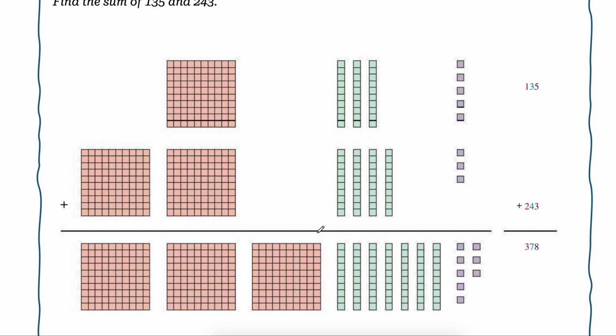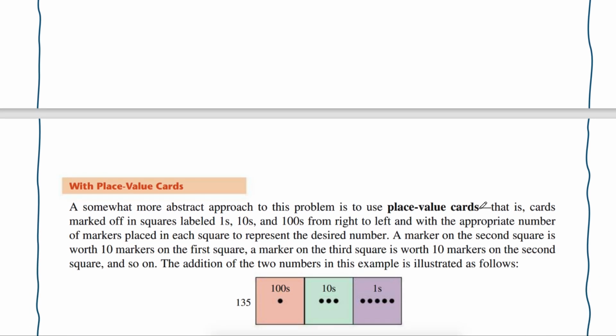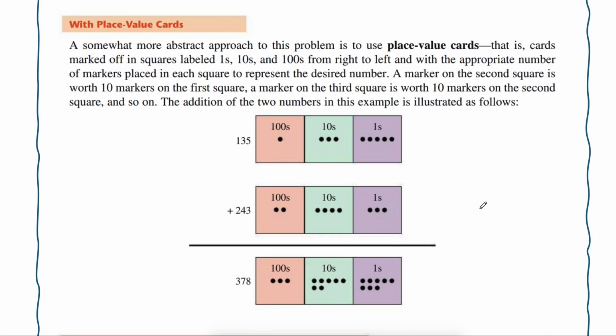So just to highlight that we tend to add together our different place values. I have those highlighted here with pictures. And then if you want to make it more abstract even, you can use place value cards. So instead of having those full manipulatives, you could have place value cards. So with the ones place, tens place, and 100s place in this case marked off.